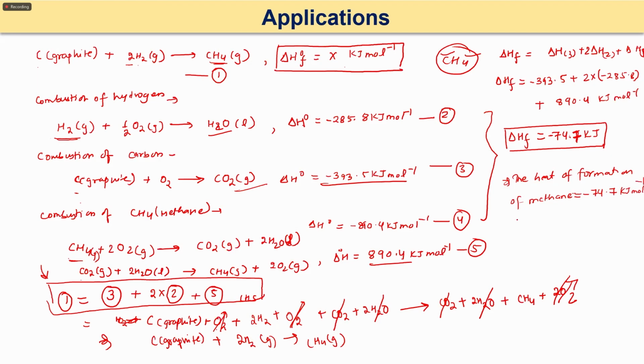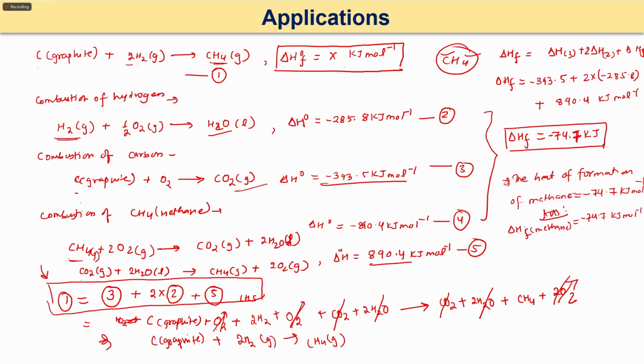Okay, so delta H f of methane is equal to minus 74.7 kilojoule per mole. Okay, so this is your answer.